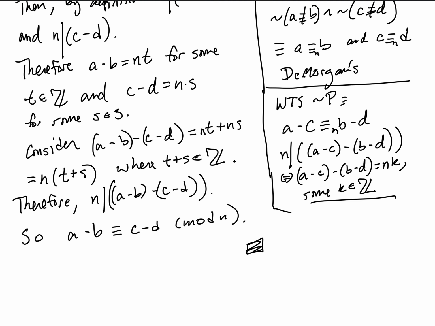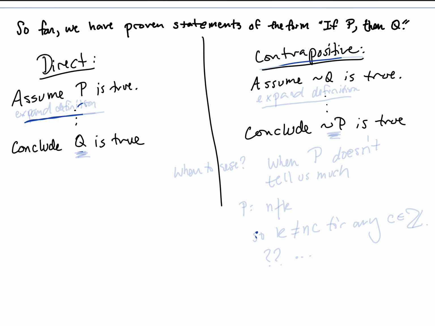So far we have proven statements of the form, if p is true, then q must be true. And we've seen two different methods for doing this. The first was the direct method of proof, in which we assume p is true, and we use whatever definitions, theorems, algebra, logic we can to conclude that q must be true.